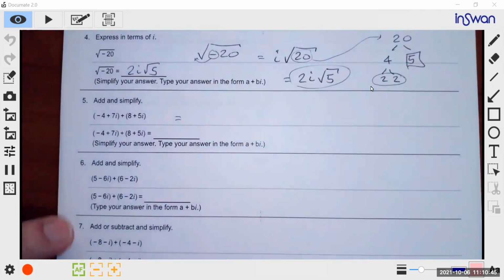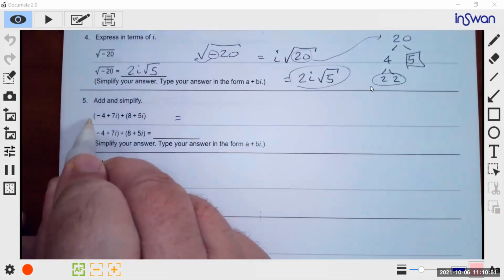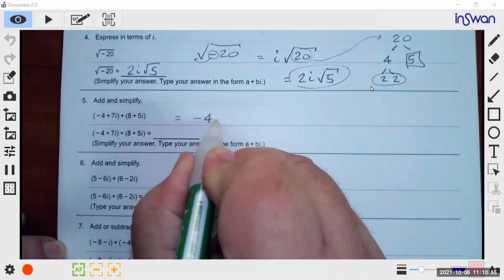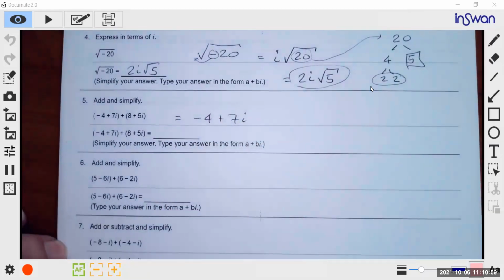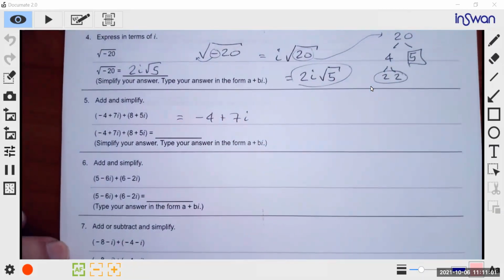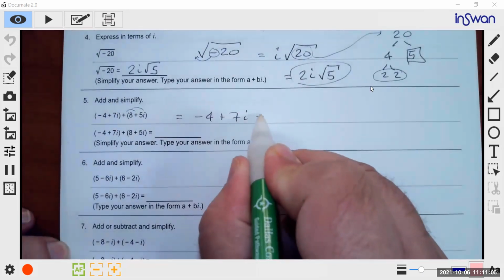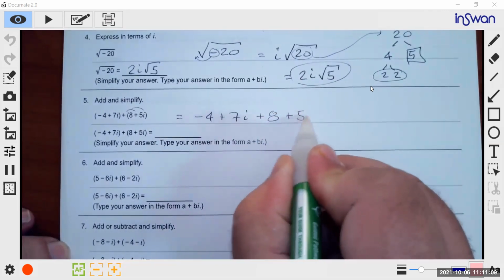Adding binomials, complex numbers. So the first one, there's nothing in front of it, so we distribute a 1. We get negative 4 plus 7i. And the second is plus 8 plus 5i.